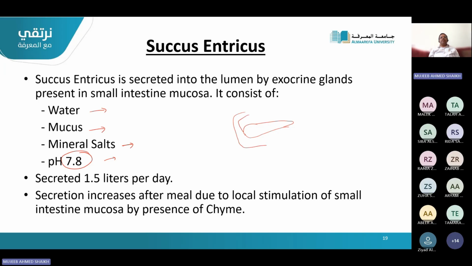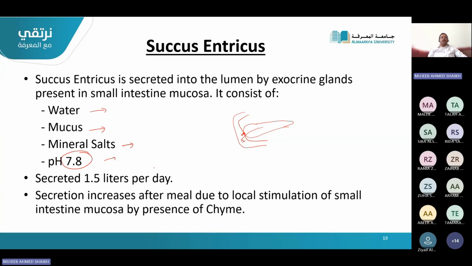Yes, this is what I was drawing. So the pancreatic duct is opening and the pancreas will secrete pancreatic juice, which is alkaline. That's why the succus entericus is alkaline. Gastric juice is acidic because of the HCl. Here the pancreatic secretion will make the small intestinal juice, or succus entericus, alkaline.